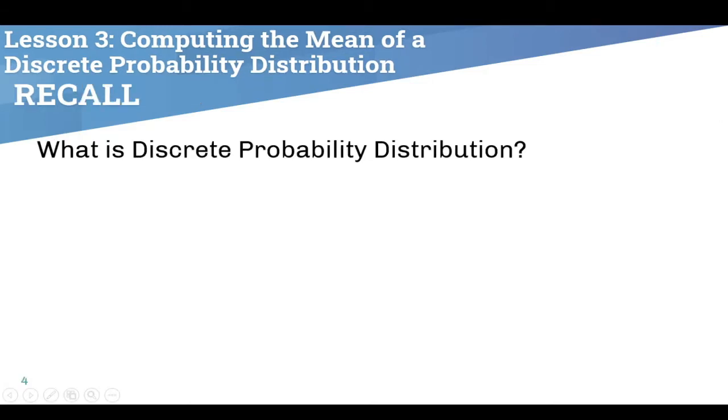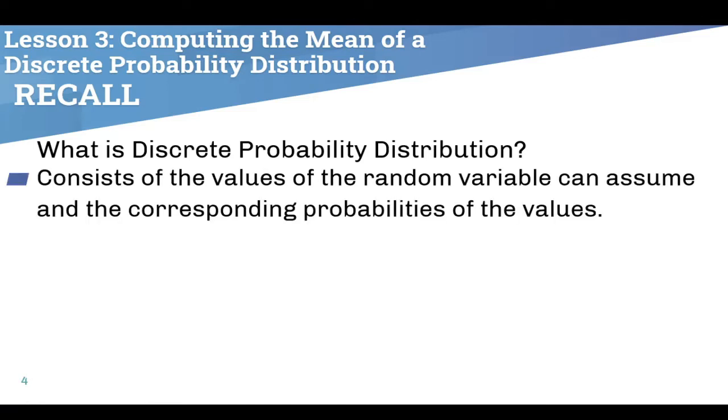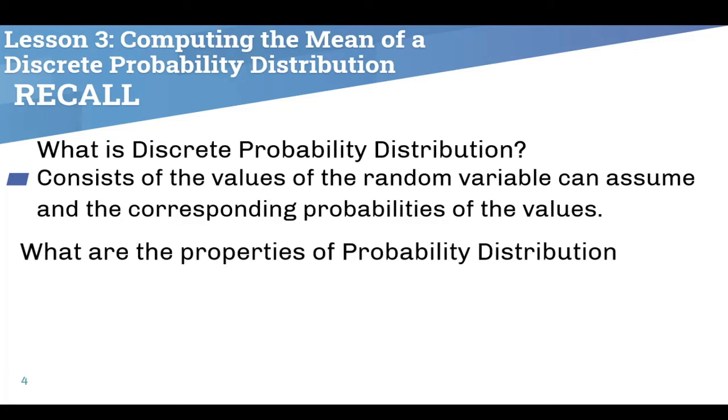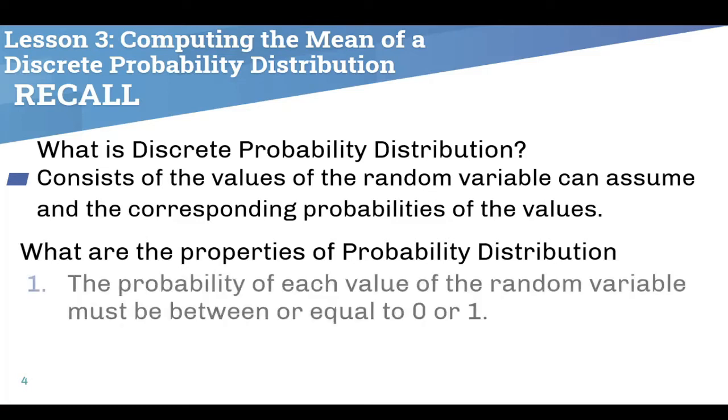Now, let us try to recall. What is a discrete probability distribution? It consists of the values the random variable can assume and the corresponding probabilities of the values. What are the properties of a probability distribution? Okay, very good.